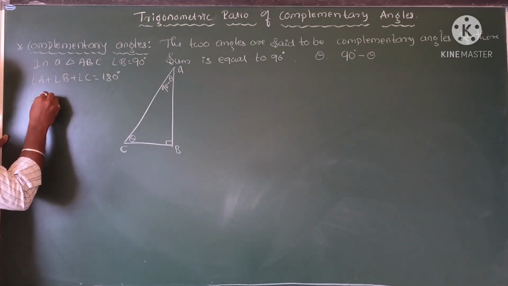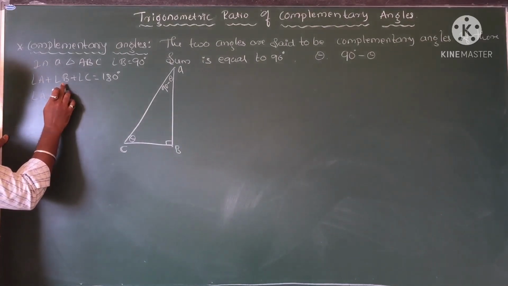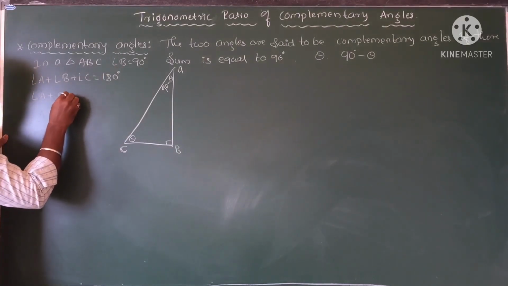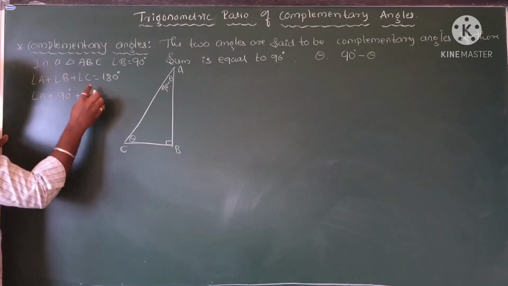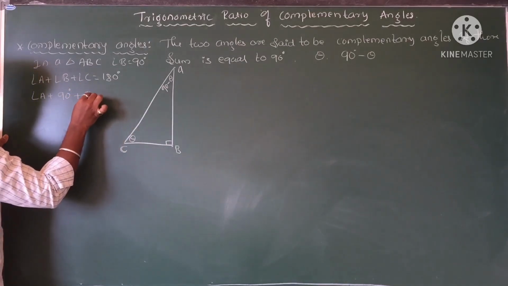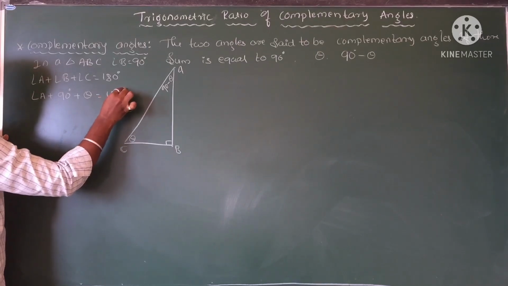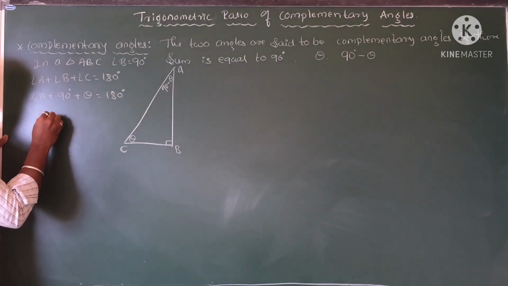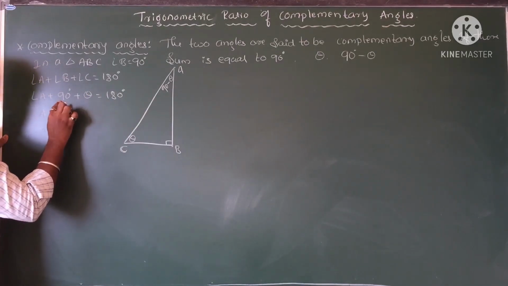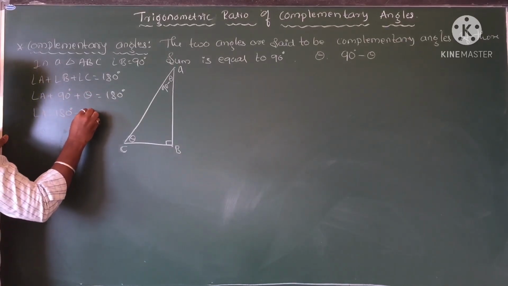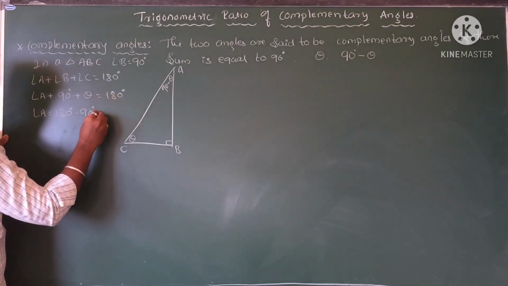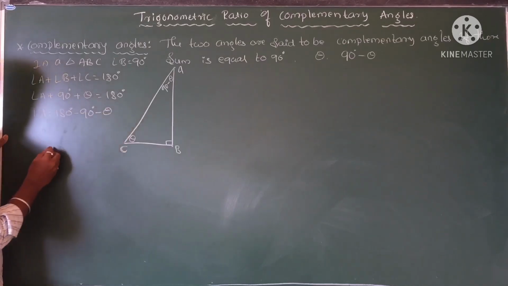Angle A we don't know, keep as it is. Angle B is 90 degrees, and angle C we consider as theta. So 90 plus theta plus angle A is equal to 180. So angle A is equal to 180, 90 comes this side, this becoming minus, and theta comes this side, this becoming minus.